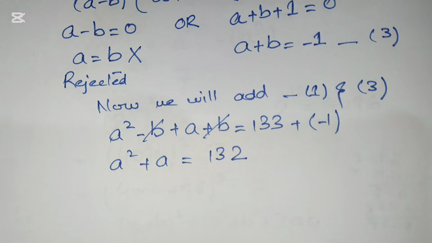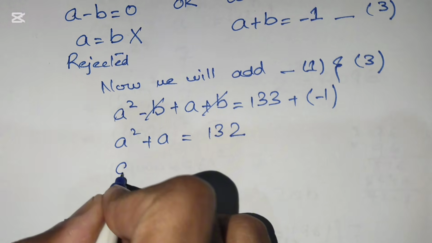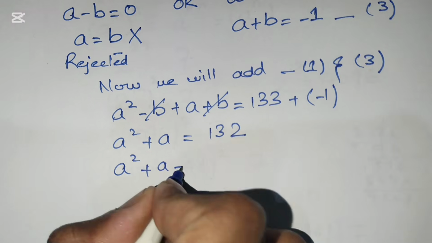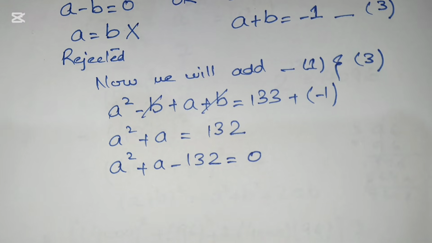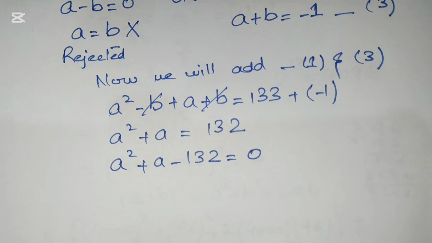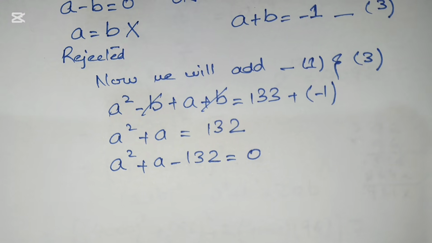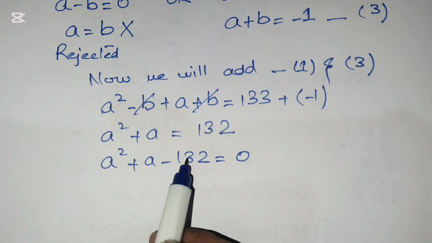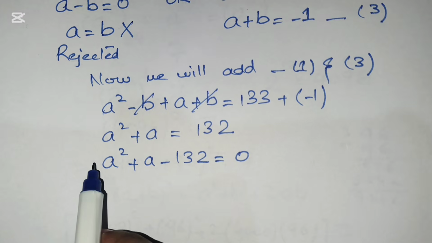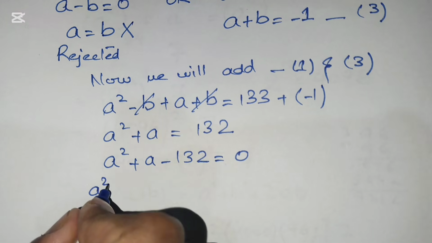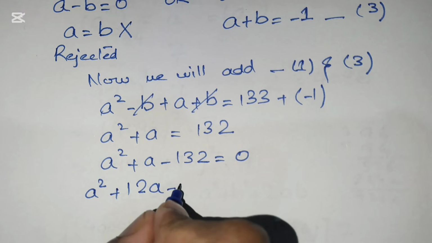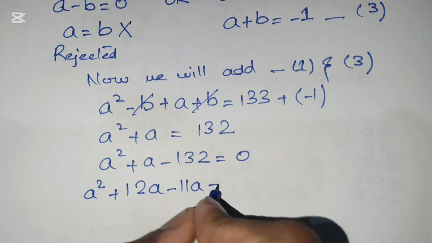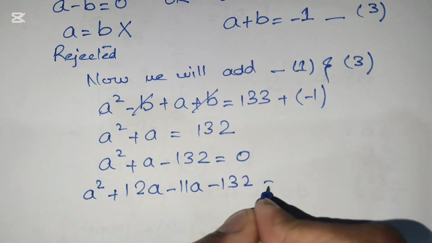We will subtract this on both sides. We get a² + a − 132 = 0. Now we will factorize this equation. 132 into 1 is 132. So we will write a² + 12a − 11a − 132 = 0.